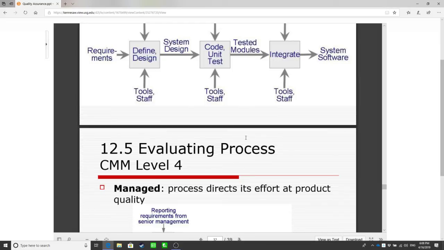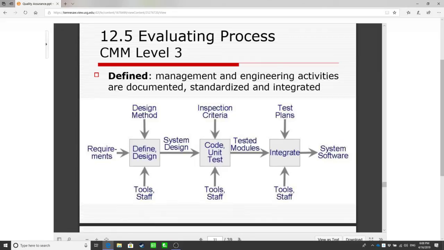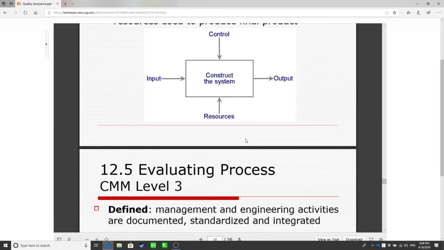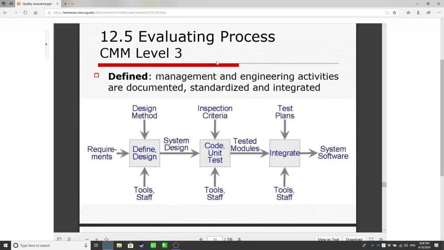And how about CMM4? If you want to improve this chart, what do you think? Imagine what is CMM4. CMM2 is a big box. CMM3 is a specified big box. And how about 4?